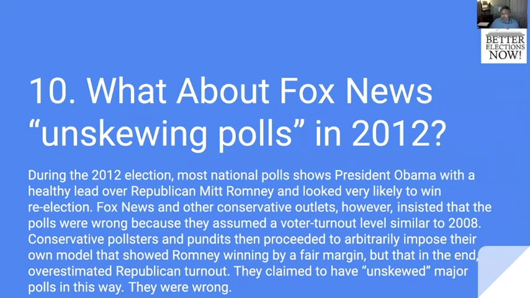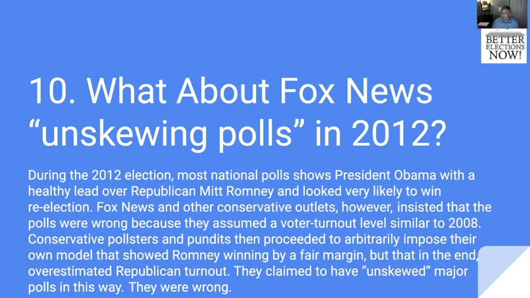Now, in the 2012 election between President Obama and Governor Romney, Fox News claimed the entire election that Romney was going to win 320 electoral votes. And what they told everybody is, no, we have unskewed the polls. And this was a total disaster. Fox News had to spend months explaining how they got this wrong.